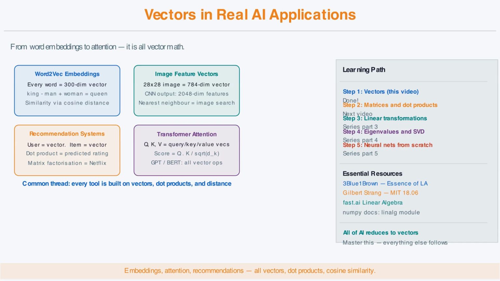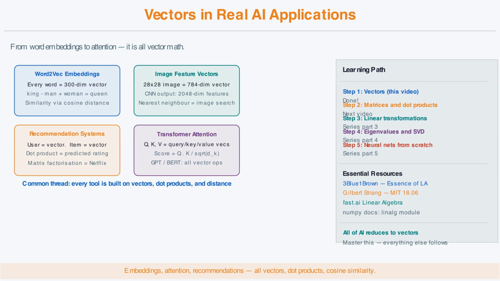Recommendation systems model users and items as vectors. A predicted rating is the dot product of the user vector and the item vector. Matrix factorization, the technique that powered Netflix's early recommendation engine, is exactly vector arithmetic applied to user-item interaction data. And in transformer architectures, the foundation of GPT, Gemini, Claude, and every modern language model, the attention mechanism works entirely through vectors.